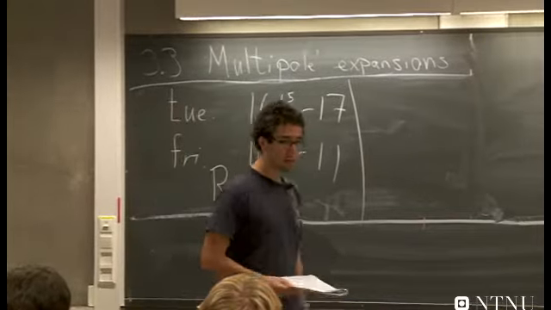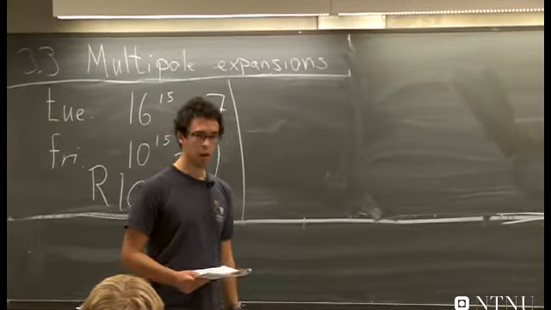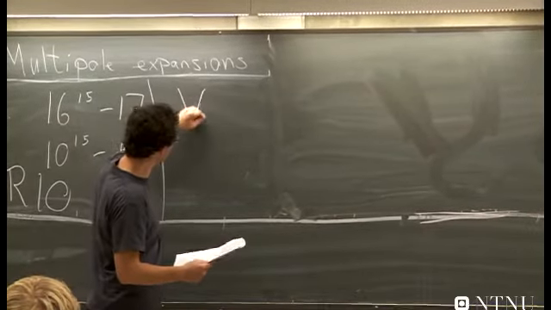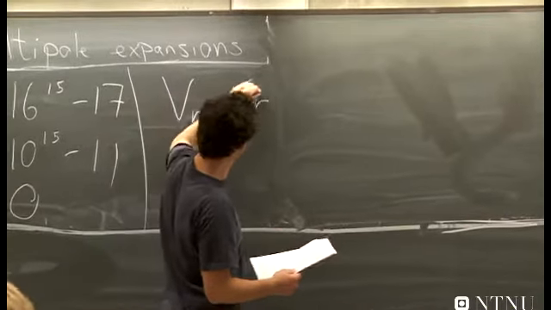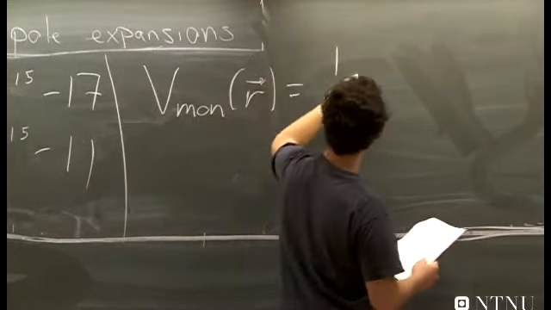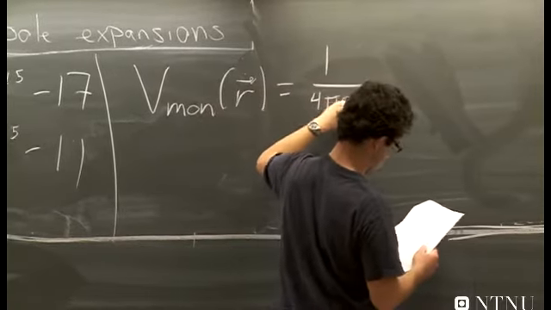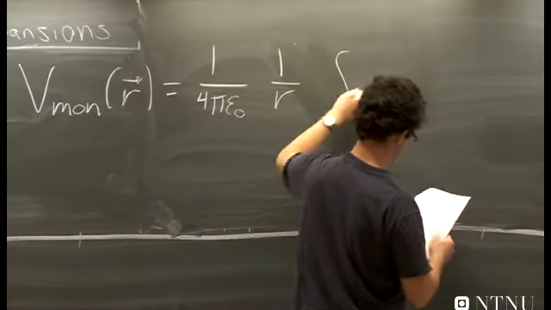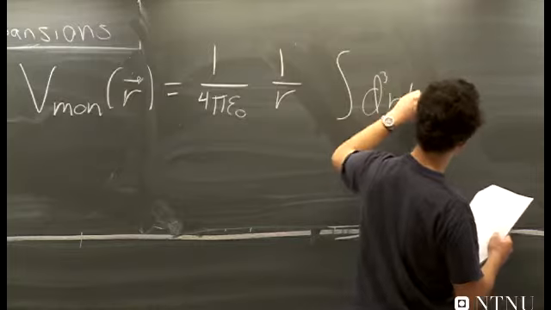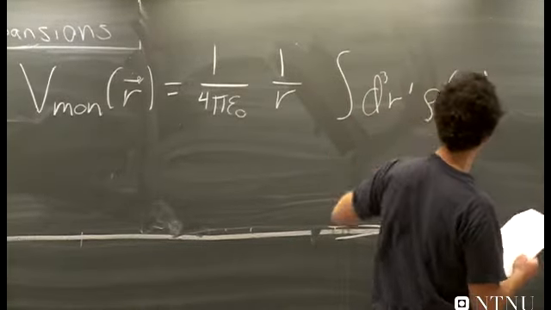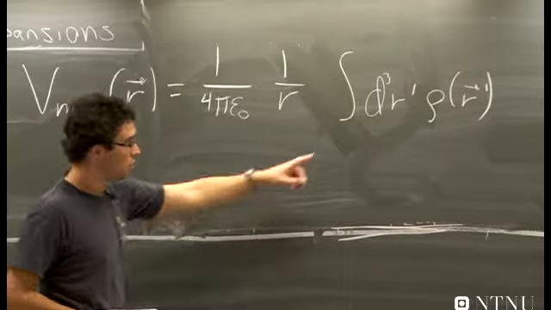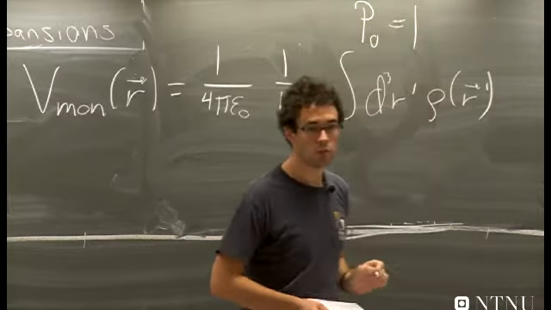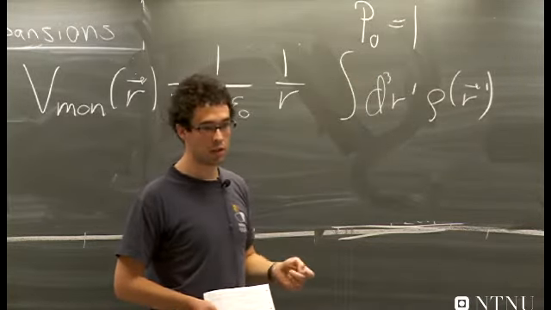Okay, so we were in the middle of multipole expansions. If you're at large distances, the first term will look like this. And because P0 is equal to 1, the first Legendre polynomial is really simple.